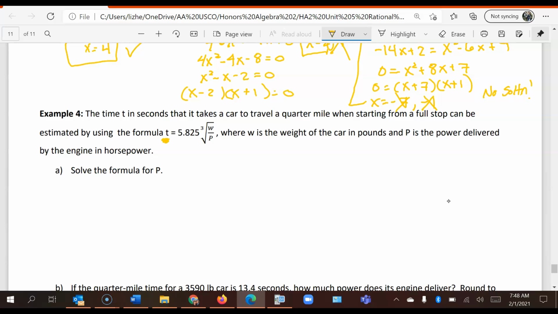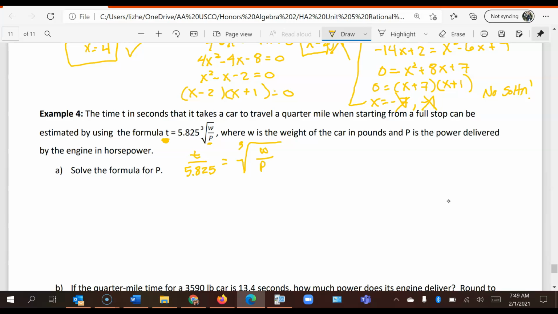So now we want to change it and we want to solve for P. So I need to undo this equation. So the first thing I'm going to do is I'm going to divide T by 5.825, and that equals the cubed root of W over P.